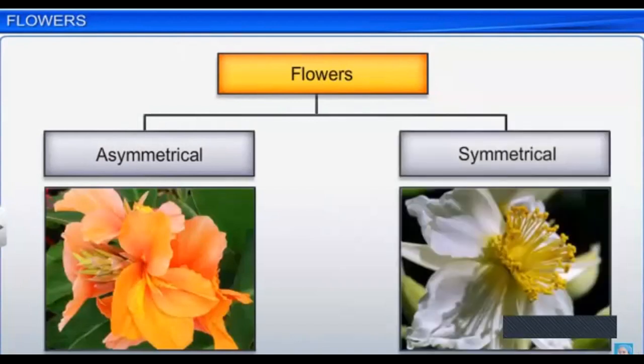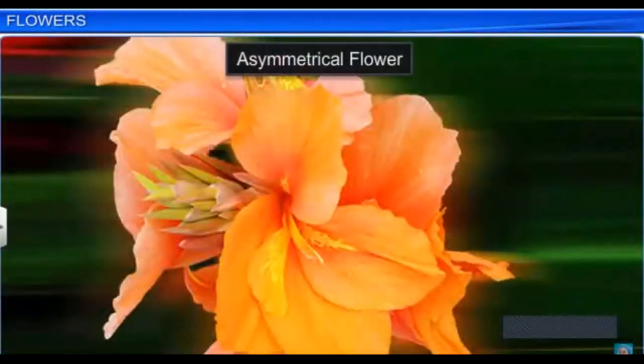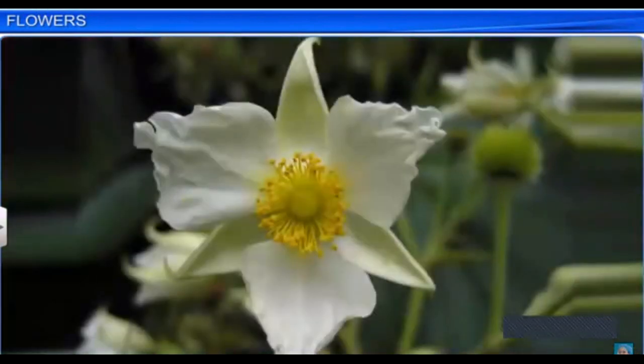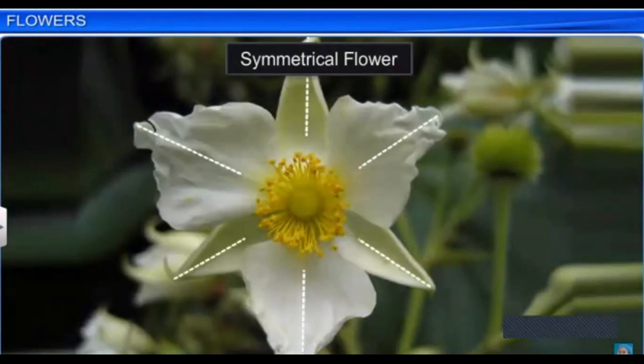Flowers can also be either asymmetrical or symmetrical based on the arrangement of floral parts around the thalamus. An asymmetrical flower cannot be divided into 2 similar halves by any vertical plane that passes through its center, while a symmetrical flower can be divided into similar halves.